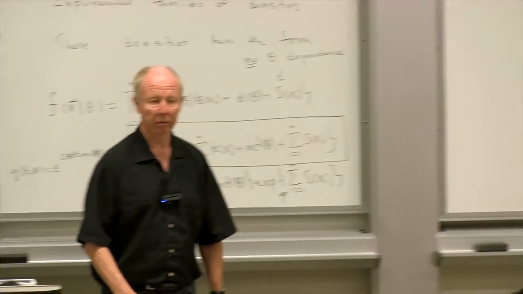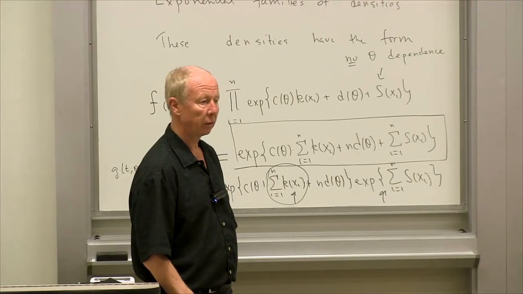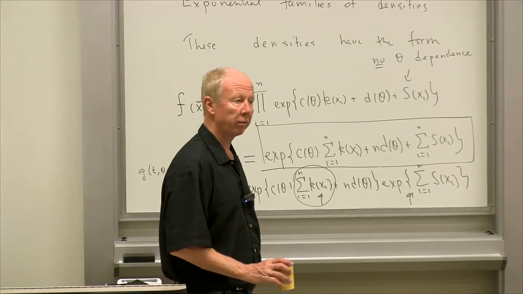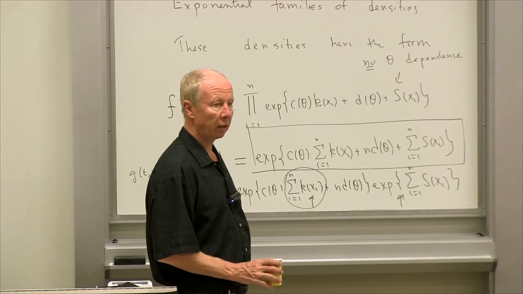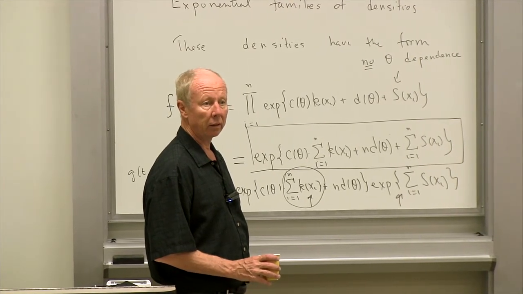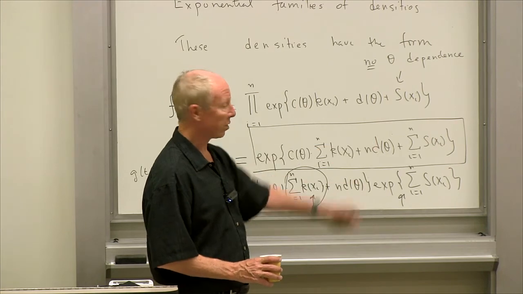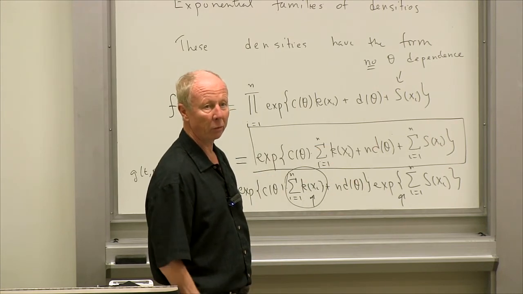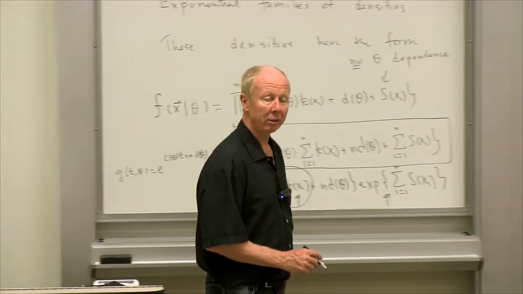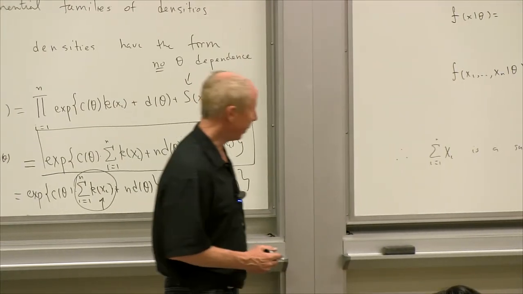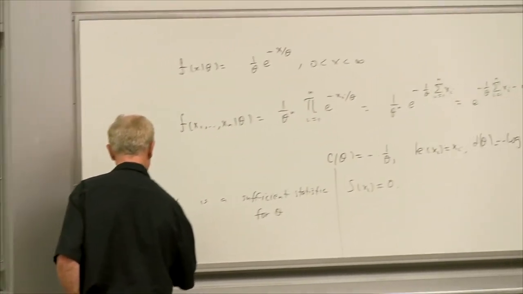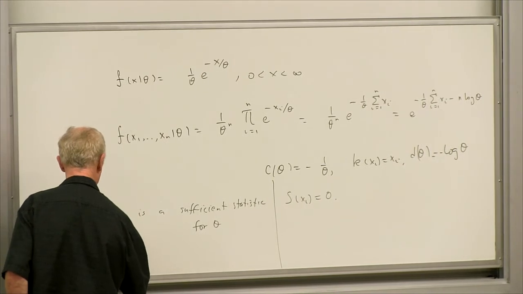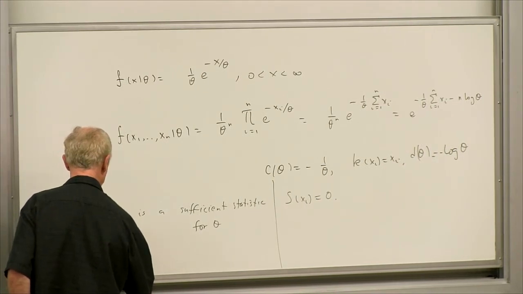Why not? What's the expected value of the sum? Yeah, the expected value of xi would be theta. And so the expected value of that sum would be n theta. So we'd be off by quite a bit. So we should use x bar, right? We should use x bar. Is that also a sufficient statistic?